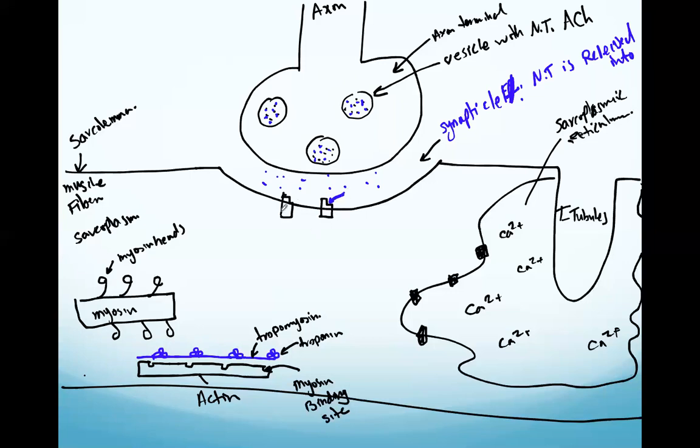What these boxes depict are a specific type of channels called sodium potassium channels, and they are actually going to interact with ACh, and when that ACh interacts with them, the channels open up, allowing the ions to move in and out of my cell.